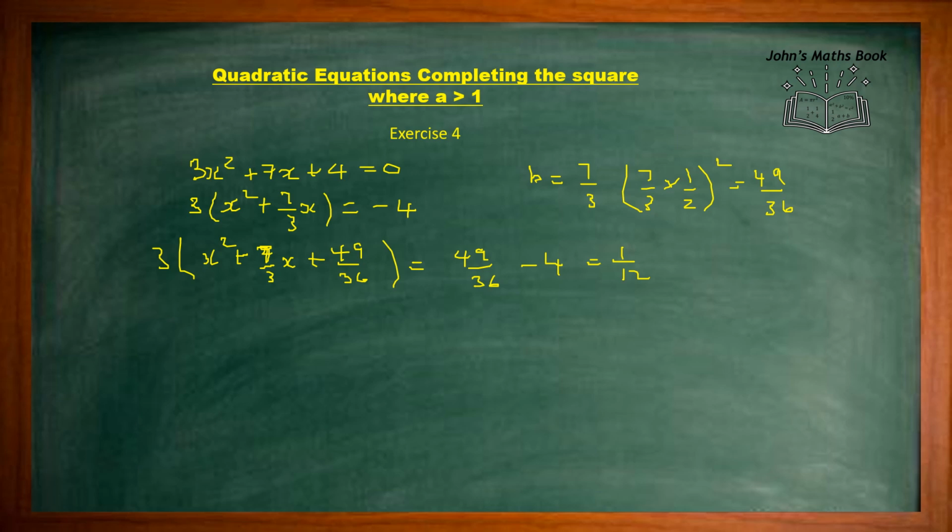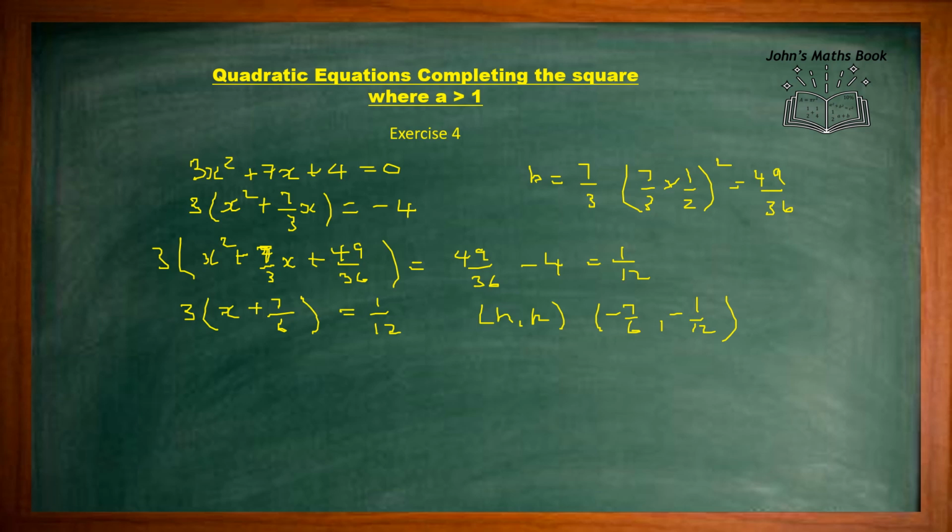So let's rewrite that as 3 into x and then plus a half of b. So b is 7/3. So plus 7/3 times a half is 7 divided by 6, squared, is equal to minus 1/12. So we now have the coordinates of the vertex h and k, which are minus 7 over 6 and minus 1/12.